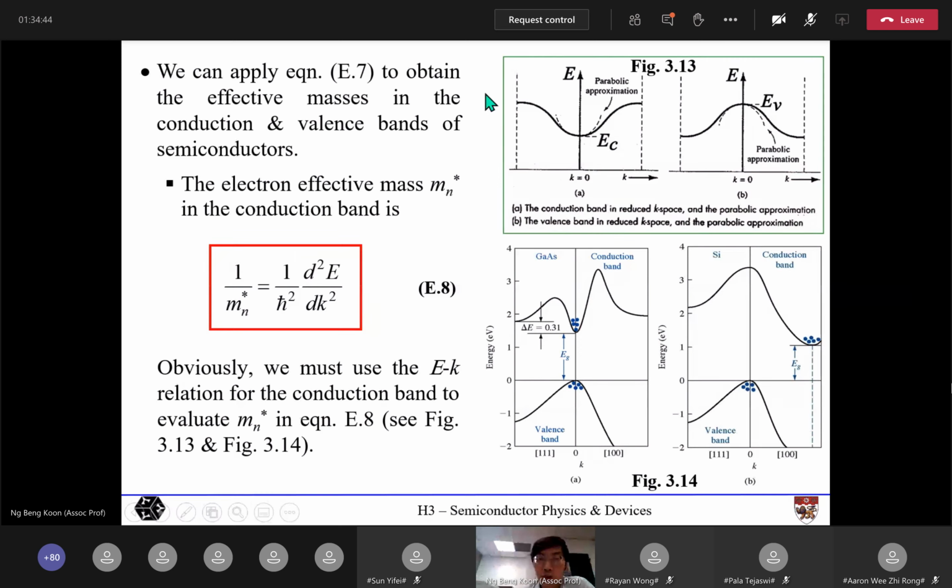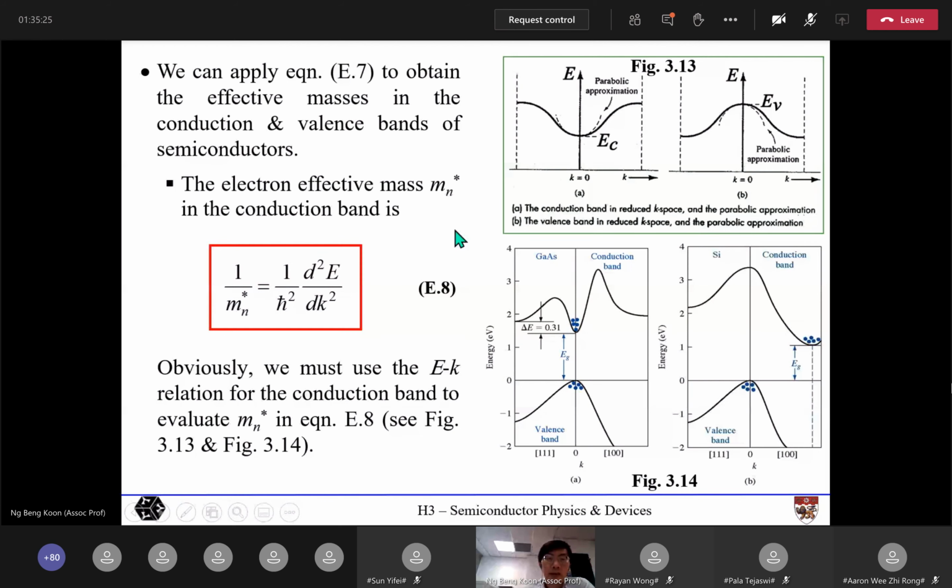So we can write down the effective mass as the reciprocal of the second derivative of the E-k diagram. This second derivative gives us the effective mass quantity for the electron. This second derivative refers to the curvature of the E-k curve, how fast the gradient is changing.